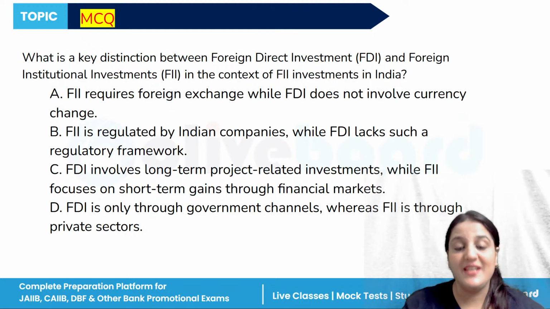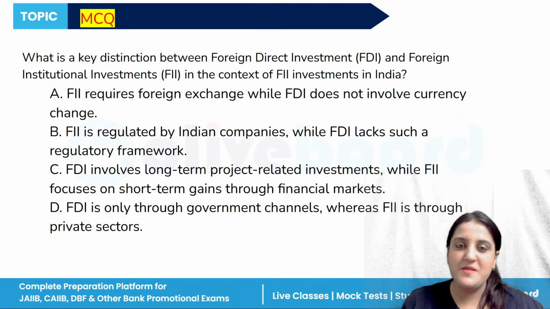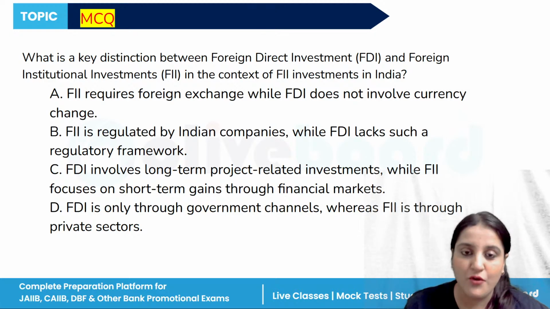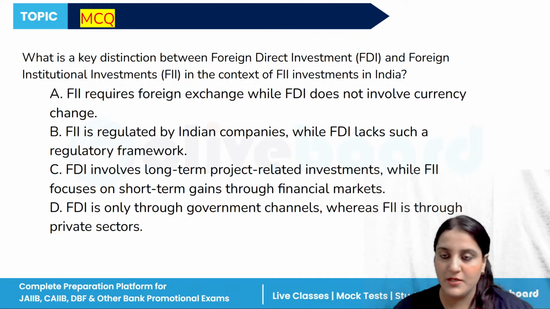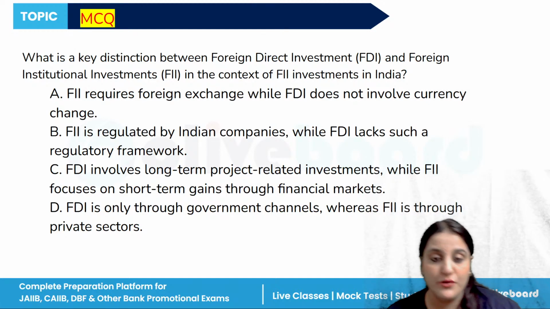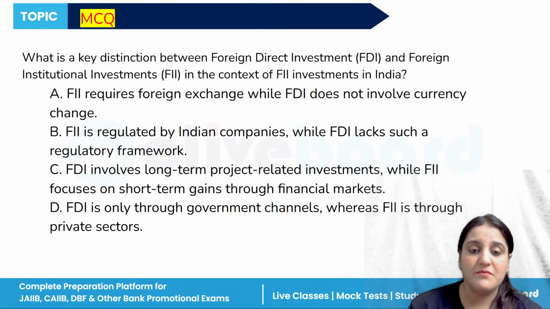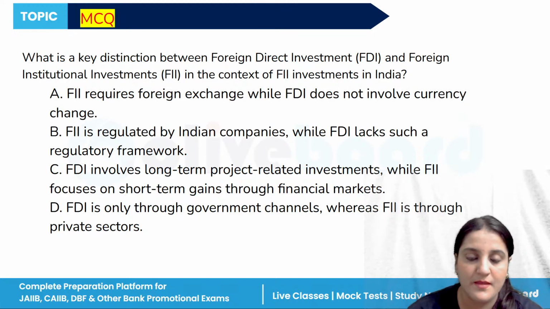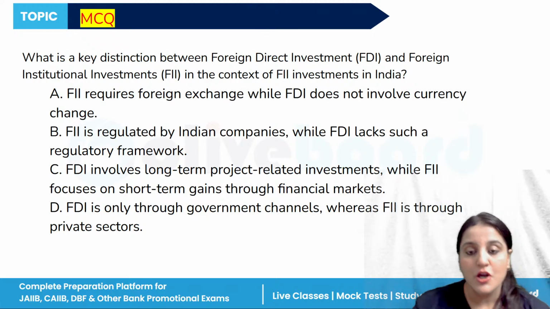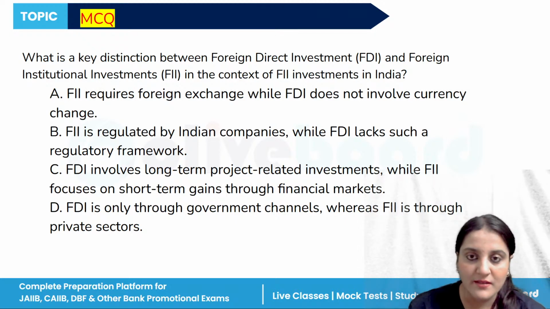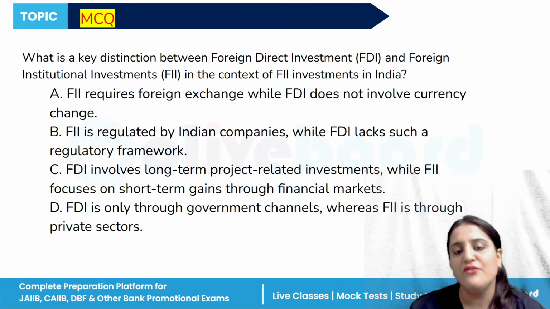Foreign institutional investors, who include investment banks and hedge funds, invest for short term gains. They are included mainly in portfolio investments, and also ADRs, GDRs, which are issued by Indian companies. The holders of these ADRs and GDRs have an option to sell their holdings in the domestic markets, and they can receive proceeds in foreign currencies.